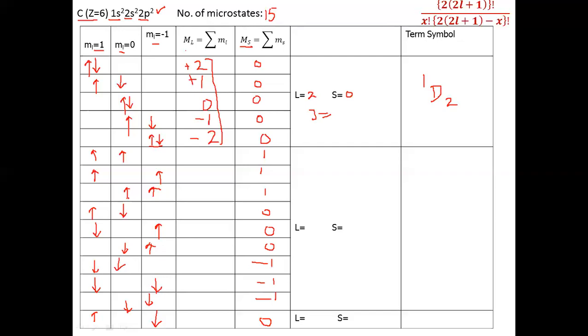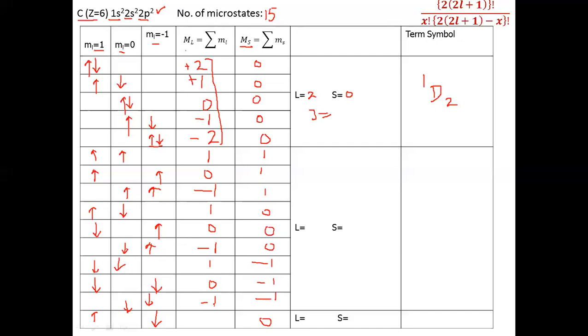Now calculate ML. 1 multiplied by 1 is 1, 1 multiplied by 0 is 0, 1 plus 0 is 1. 1 multiplied by 1 is 1, 1 multiplied by -1 is -1, 1 minus 1 is 0. 1 multiplied by 0 is 0, 1 multiplied by -1 is -1, 0 minus 1 is -1. For this again, in these two electrons, +1, this 0, this -1, again 1, 0 and -1.